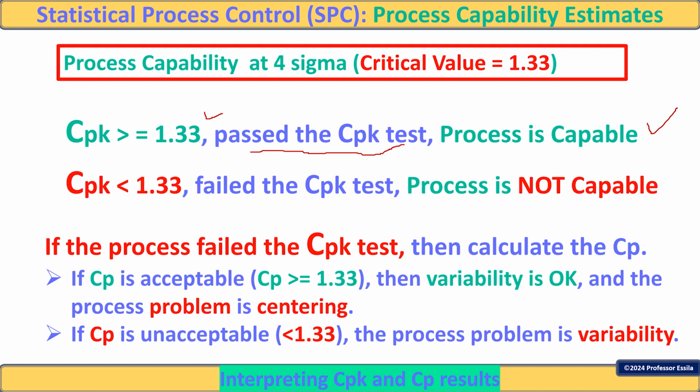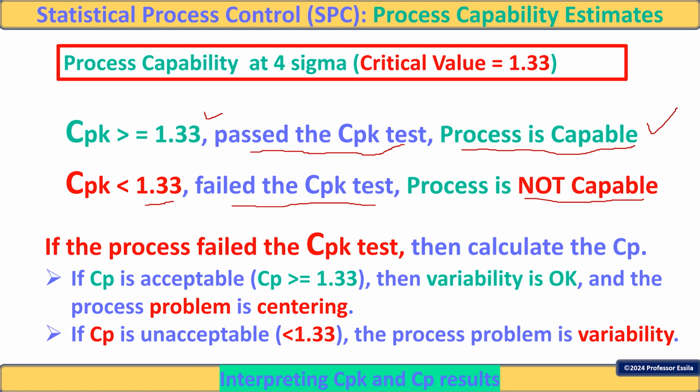If the Cpk is less than 1.33, we say that the process failed the Cpk test, and therefore it is not capable. That's in general what we should remember. Every time you calculate your Cpk, if it is equal to or higher than 1.33, the process is capable. If it is less than that, the process is not capable.